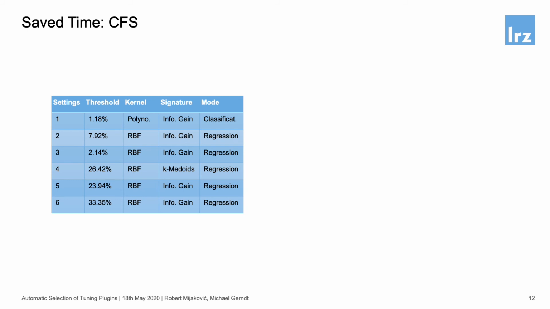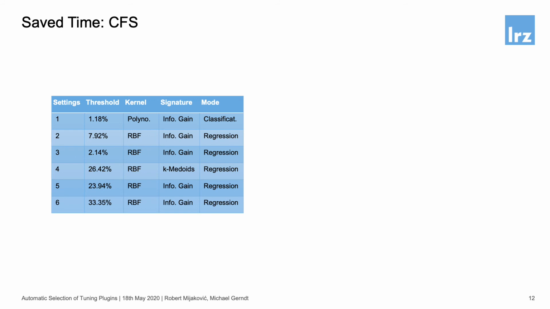As we can see, the best kernel for CFS was almost always the radial basis function, in 5 out of 6 combinations, and only in one setting the polynomial kernel was better, but it was a really minimal advantage over the RBF kernel.